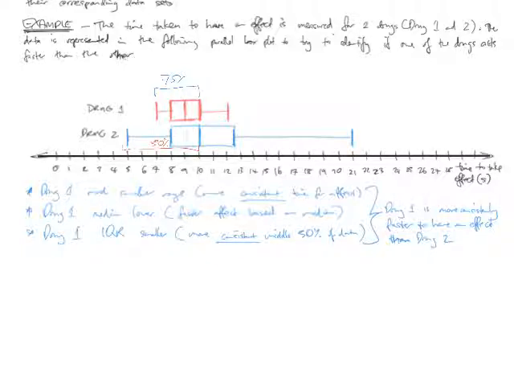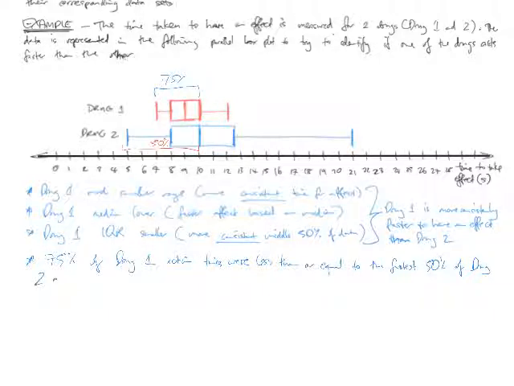So what we can conclude here is 75% of drug 1 action times were less than or equal to the fastest 50% of drug 2 action times.